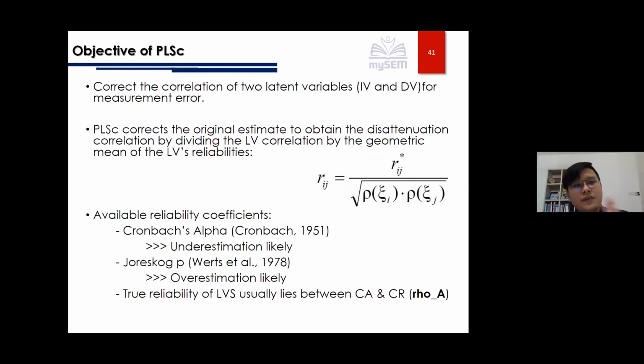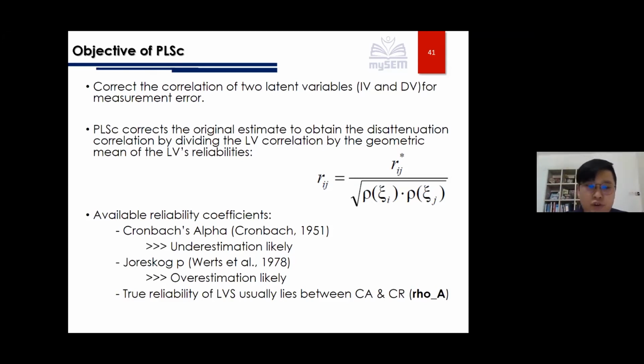I will use a different terminology so that you will not be confused: true reflective rather than composite reflective. I'm not talking about composite reflective, I'm talking about true reflective. A true reflective means you are trying to mimic the Amos result of reflective. So I'm talking about correcting this in PLS. Therefore, this is the purpose of PLS consistent, where it corrects the correlation of two latent variables for their measurement error.